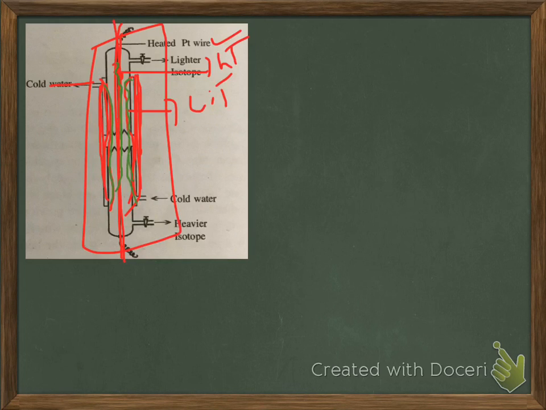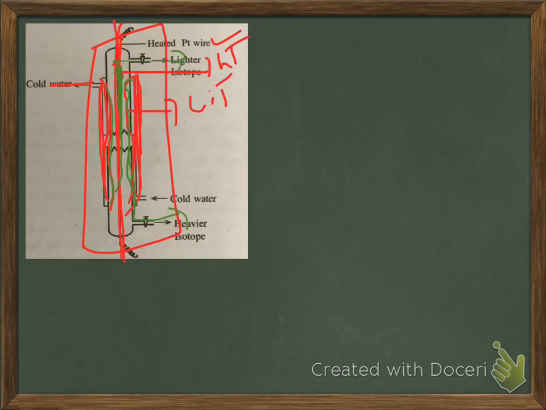Heavier isotopes can be collected through this pipe, and the isotope in the middle can be separated through this region. So they can be separated into two segments. This is the separation of isotopes by applying a temperature difference.